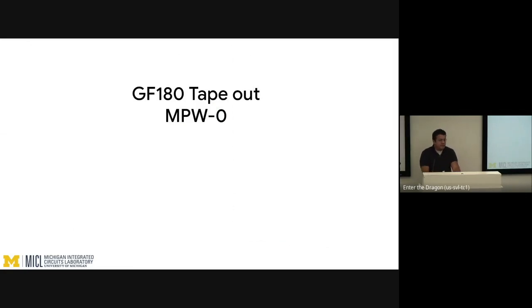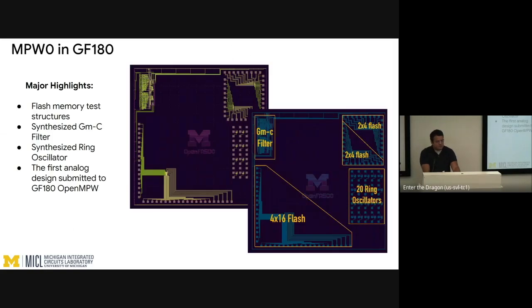Meanwhile, we did another tape out in MPW0 for GF180, and that was done in less than a month. What we have done there is very simple structures where we wanted to discover this PDK. We have never used it, but one of them is a filter, a GMC filter. It's all synthesized. They synthesized ring oscillators.